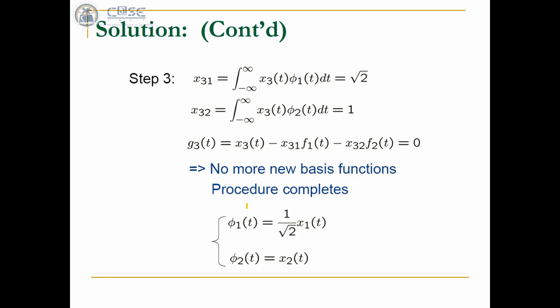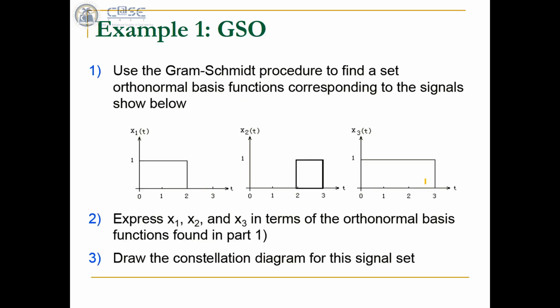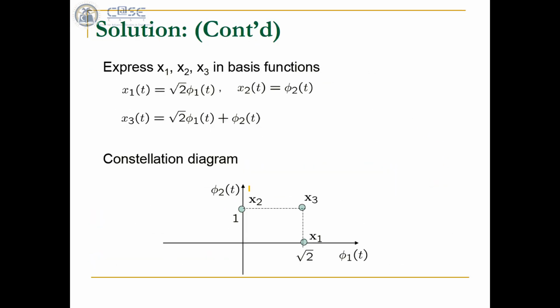In this example, you are able to come up with two basis functions for the possible three signals, right? And you are able to represent those signals x1, x2, and x3 in terms of those basis functions. You are able to plot them on a constellation diagram as well. Okay.